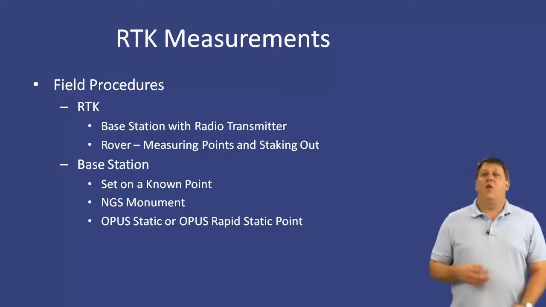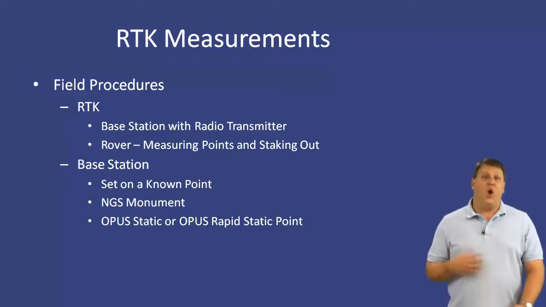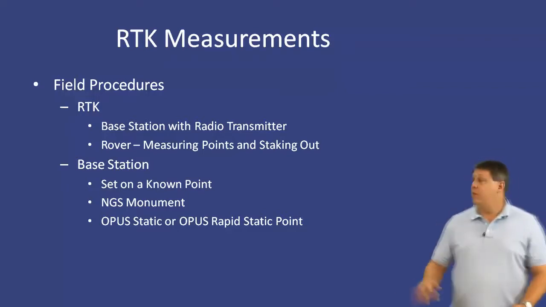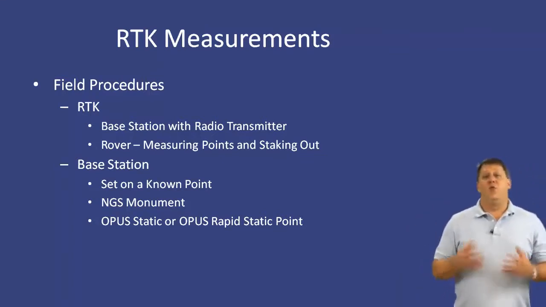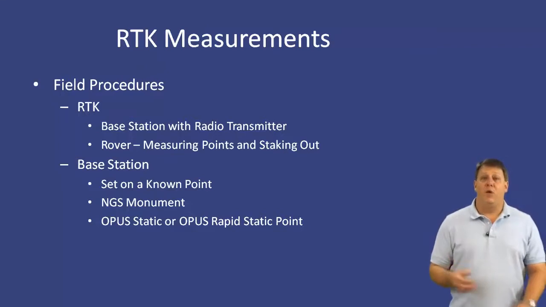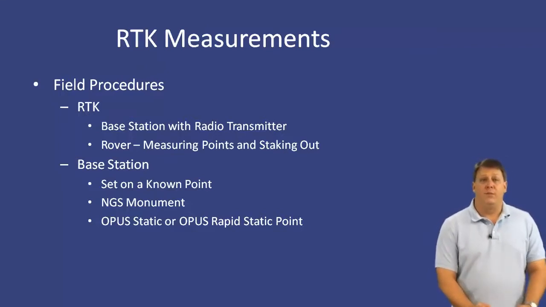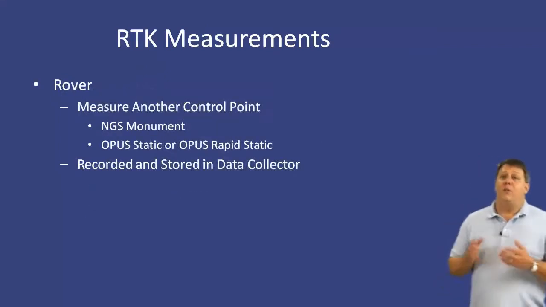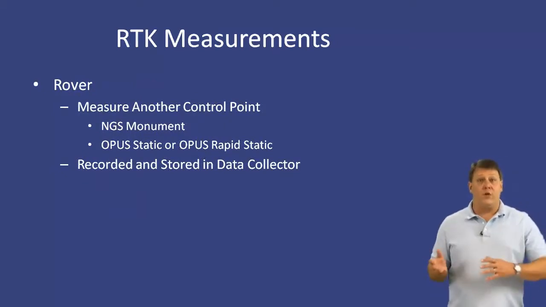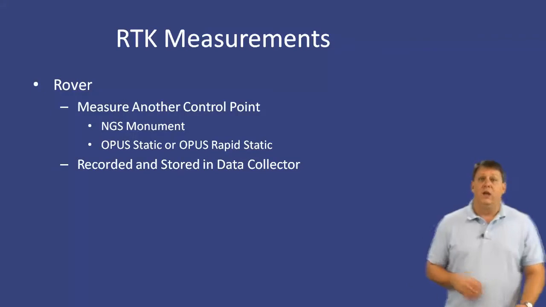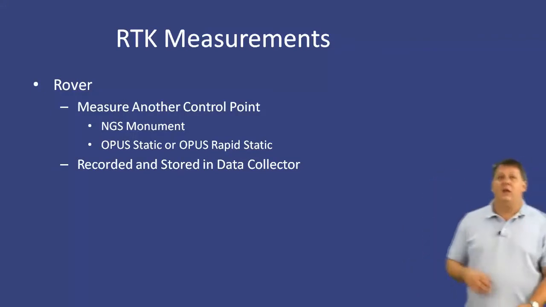We typically go out and set up our base station, hopefully on a known point. This could be maybe an NGS monument or some type of OPUS static or rapid static point, depending upon the type of job you're doing. Once we've gotten our base station set up, then with our rover, what we should be doing is going and measuring another control point.